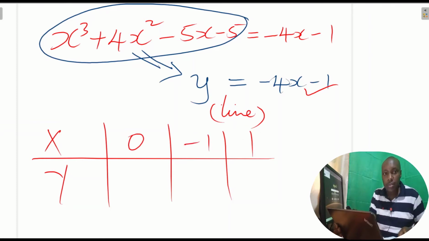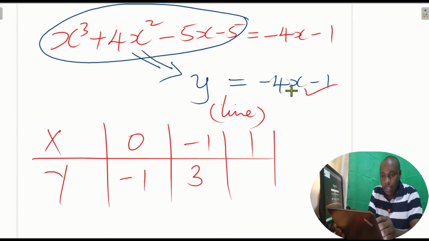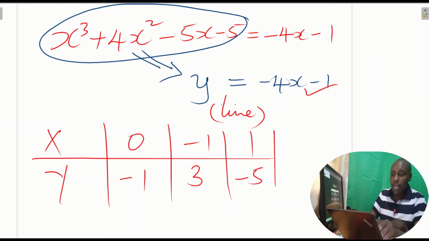Now we are substituting in the equation of this line. When x is 0, y will be negative 1. When x is negative 1, y will be 3. Then when x is 1, y will be negative 5. So these are the points that we need to plot and draw a straight line.